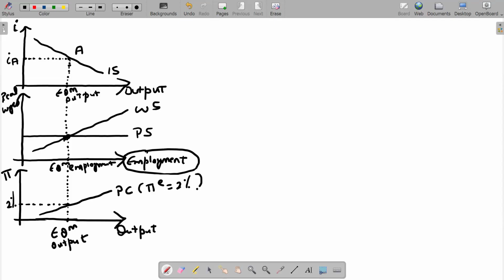Now let us see what is going to happen when there's a consumption boom. Whatever diagram students can see now is the initial situation: the initial interest rates in the economy, the initial equilibrium output. You can see the wage setting and the price setting curves corresponding to the equilibrium output give you the equilibrium level of employment.